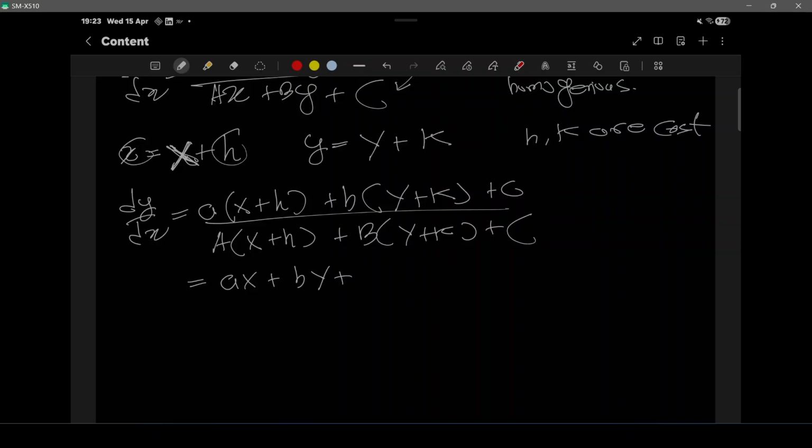So now what we have is ax plus by plus c in the numerator.